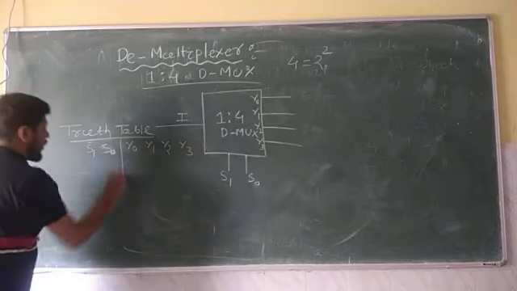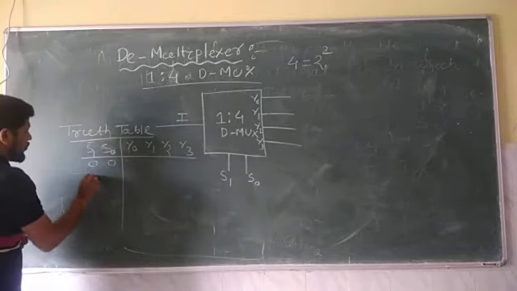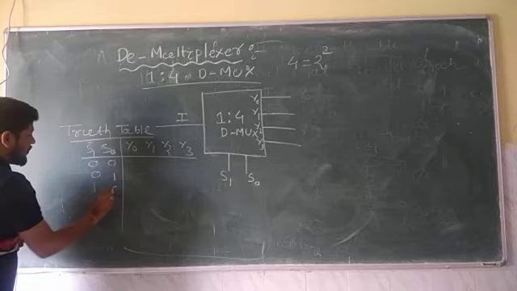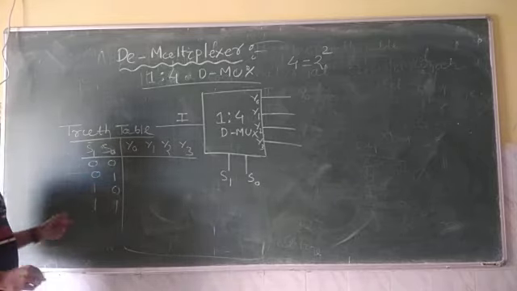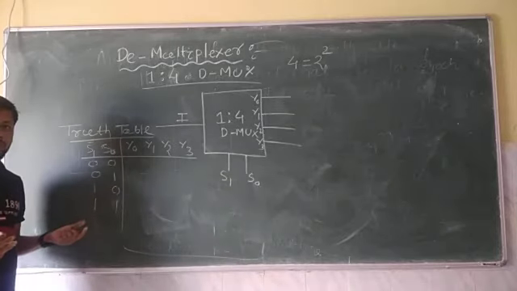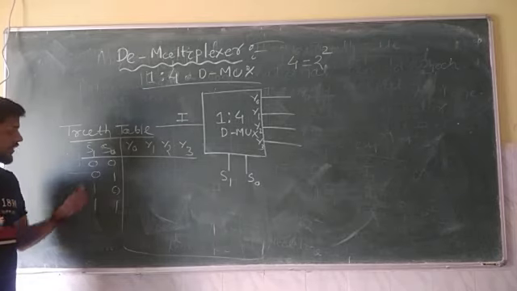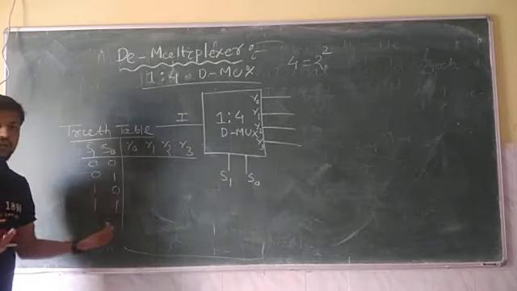These are all 4 output lines. So S1, S0 is 0, 0, 0, 1, 1, 0 and 1, 1, because 4 possible combinations are possible. Because in digital we have only 0 and 1. These are your variables S1 and S0. So 2 variables means 4 possible combinations of 0 and 1 exist. That is 0, 0, 0, 1, 1, 0 and 1, 1.